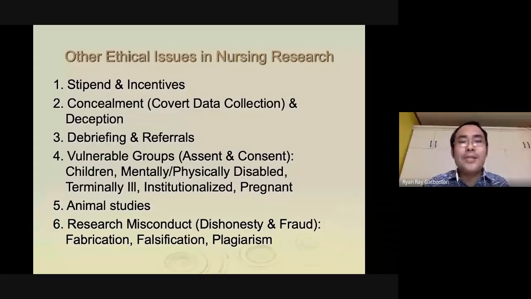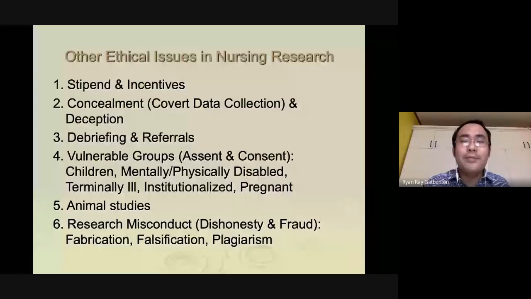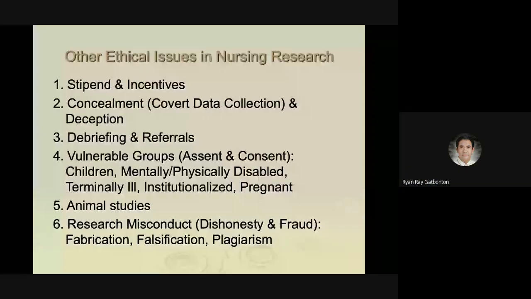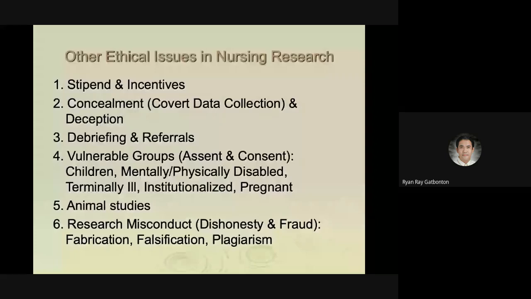Right? Now, sometimes we employ concealment in data collection, or what you call covert data collection, because we want to minimize the consciousness of a person when we observe them. Kasi when a person is conscious and they know that they are being observed, they might act differently. And when they act differently, our data is altered.